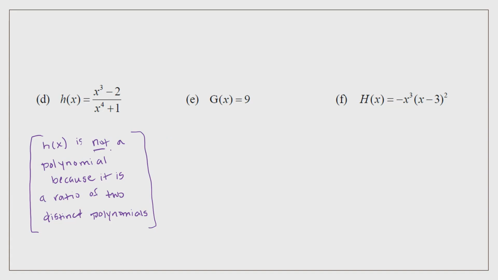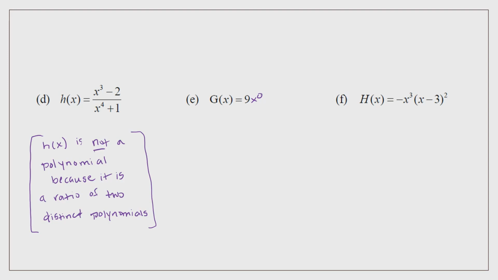All right. E, g of x equals 9. Now, in looking at this, you might be thinking, oh, this isn't a polynomial, but it actually does meet the requirements of a polynomial. Remember, when you have just a constant, there is an imaginary x to the power 0 being multiplied by that 9. x to the 0 just means 1. That's what makes it the constant term.